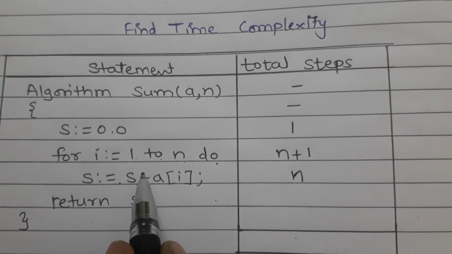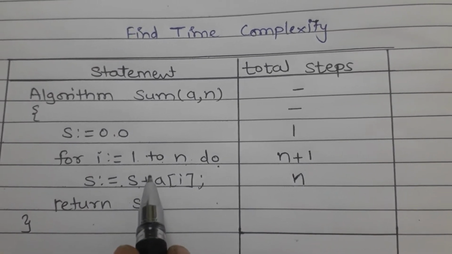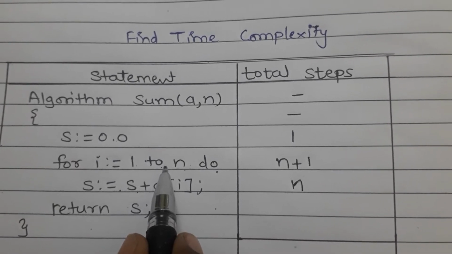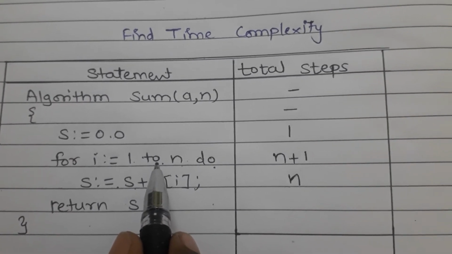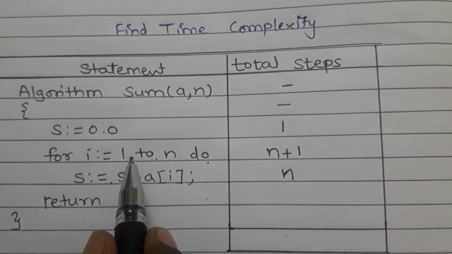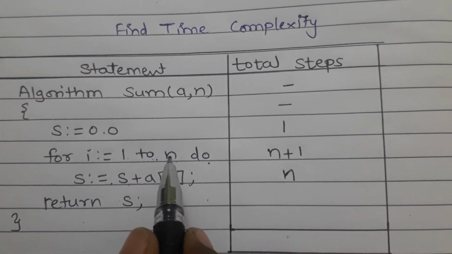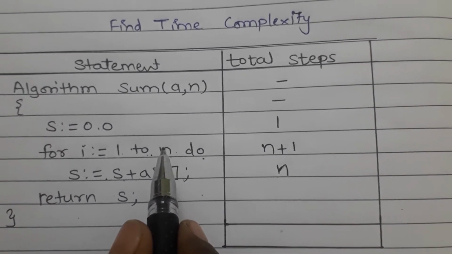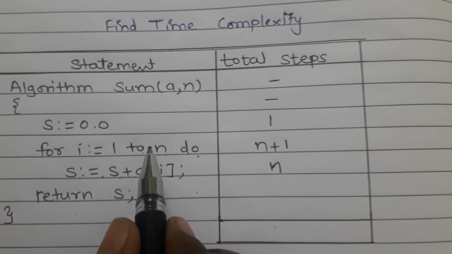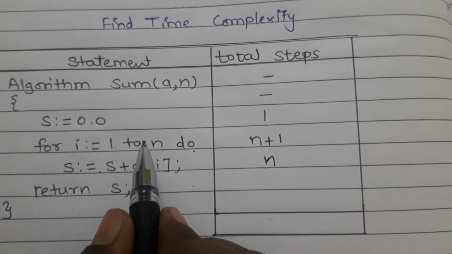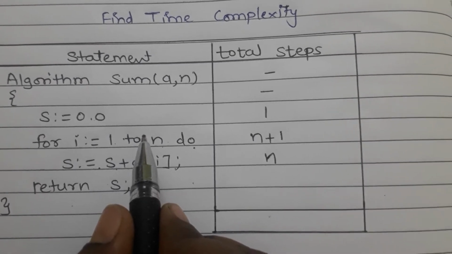After executing this statement n times, the control comes back here again, and when the value of i is greater than n, at that time the condition will be false. So the last time the control comes here, it checks the condition, and the condition will be false.